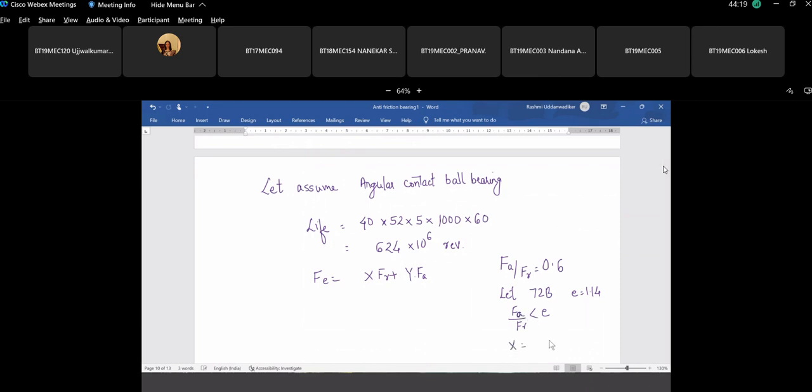What is X and what is Y? If we are selecting 72B series for E 1.14, what is the value of X and Y? 1 and 0. What does that mean? What do you understand by Y equal to 0?